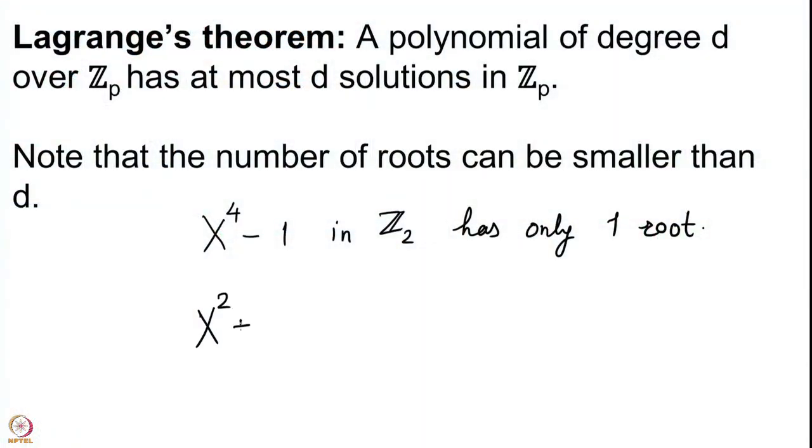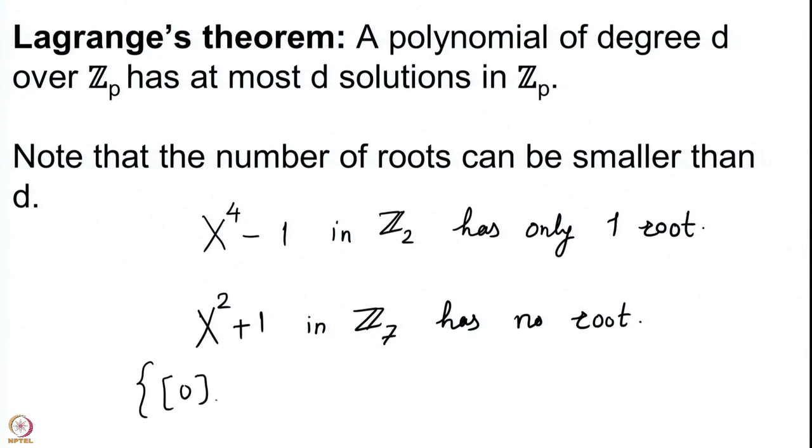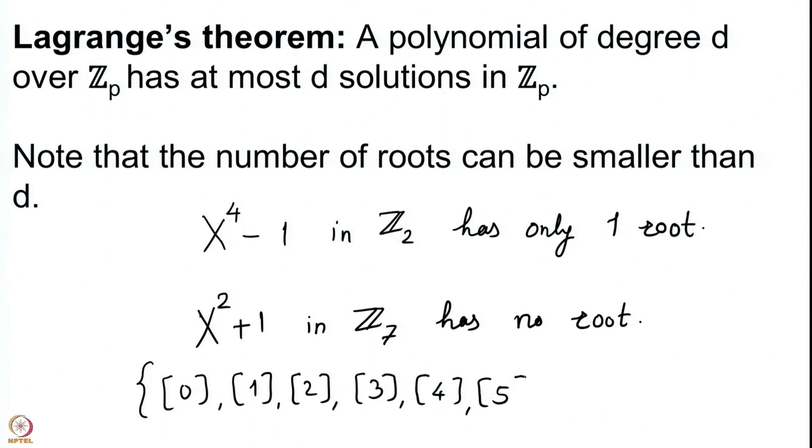We will look at x square plus 1 in, let us say, Z7. It has no roots. You can actually quite quickly check this. You have 0, 1, 2, 3, 4, 5 and 6, and let us just compute their squares.